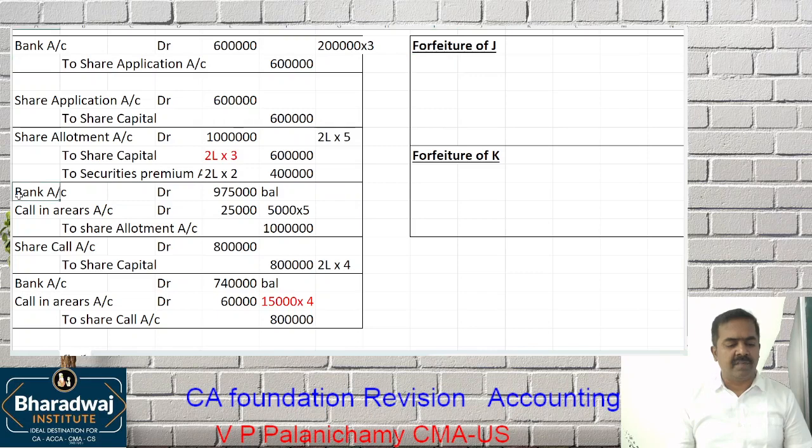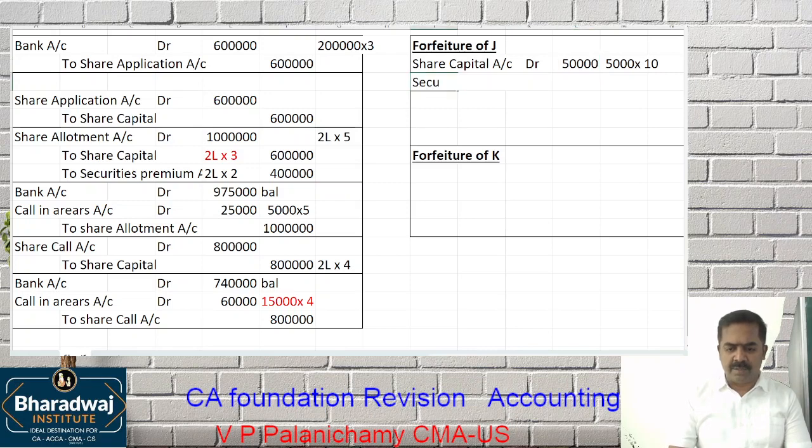J did not pay which money? Allotment money itself. So share capital account debit for J, how many shares? 5,000 into 10 rupees, 50,000. We have to debit securities premium because this person has not paid the money.